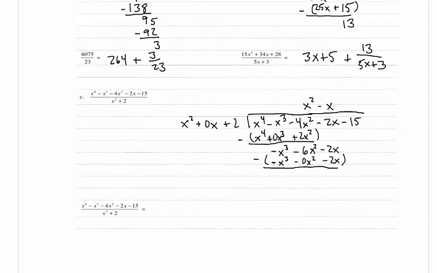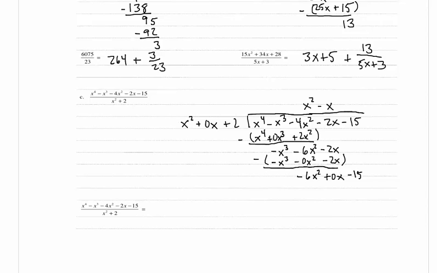Negative x cubed minus a negative x cubed is 0. Negative 6x squared minus a negative 0x squared is equal to negative 6x squared. And negative 2x minus a negative 2x is equal to 0. So we have plus 0x and then minus 15, carrying down our 15.